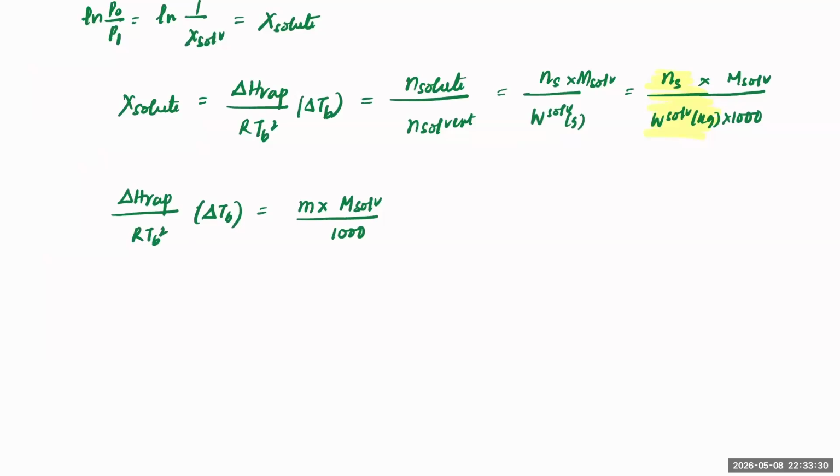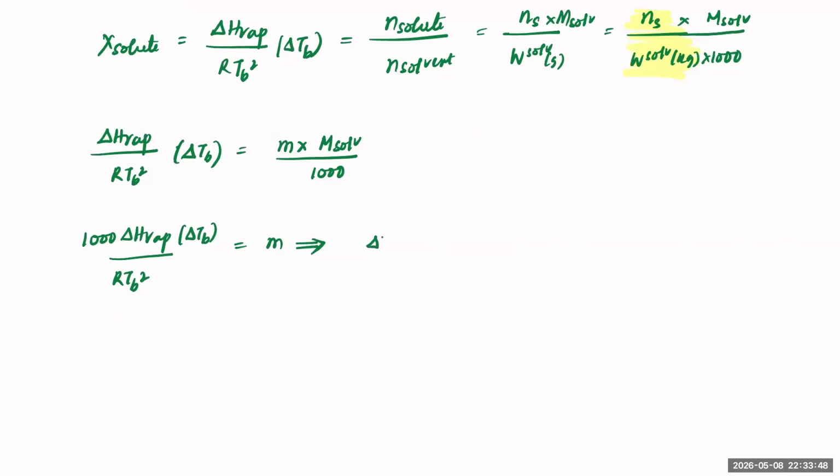So let me pull all of them to the other side. I'll get delta H of vaporization into delta T B, with 1000 going up, divided by R T B square. This is equal to molality. Or now I can write it as delta T B is equal to R T B square by 1000 times delta H of vaporization into molality.